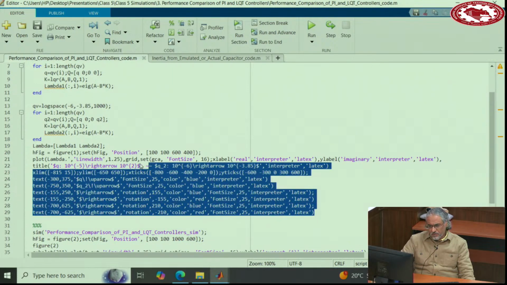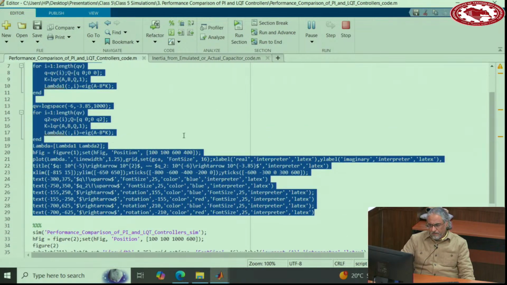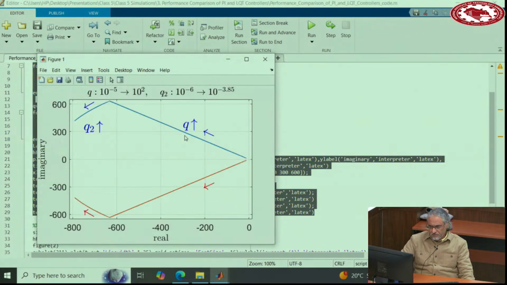So if I run this part, it generates this figure for you that we discussed.